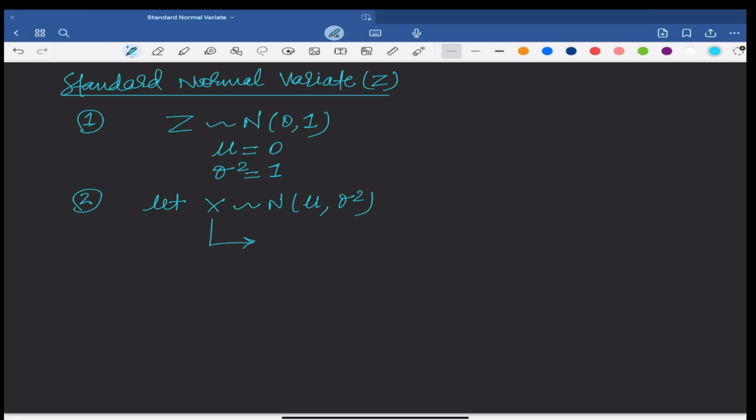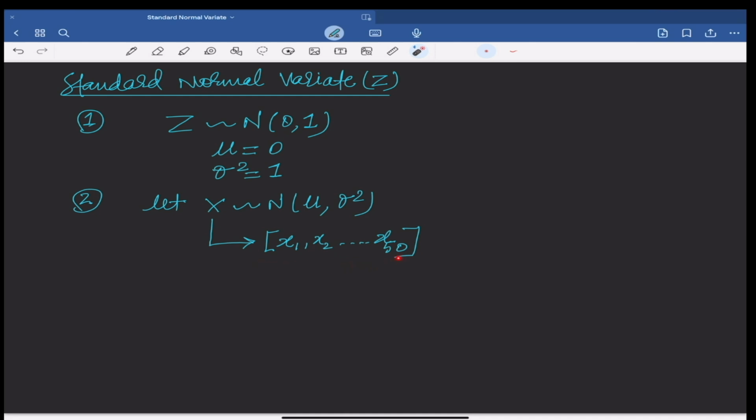So I have 50 petal lengths taken from this distribution x: x1, x2 till, let's say, x50. All these are observations from this random variable x, which can take multiple values.